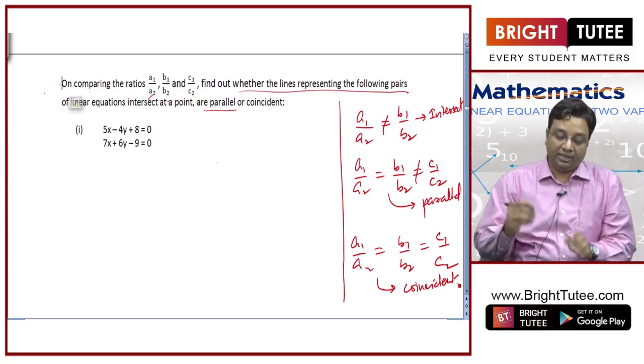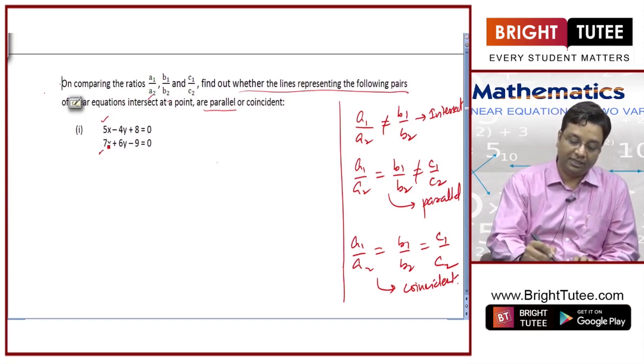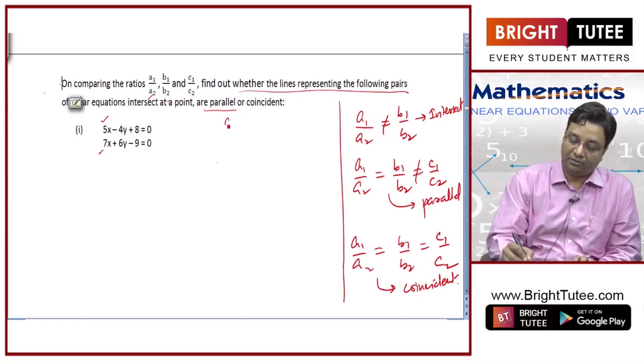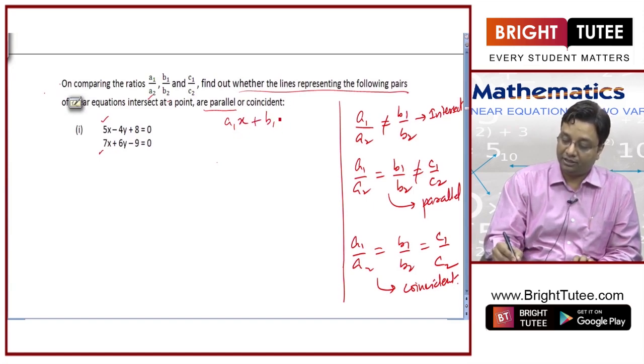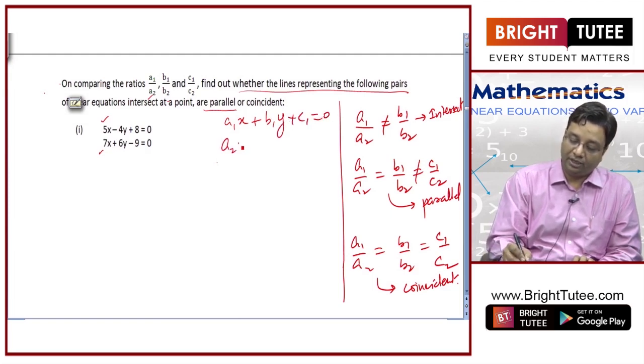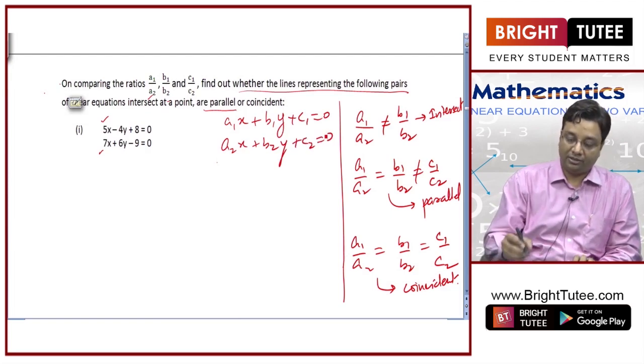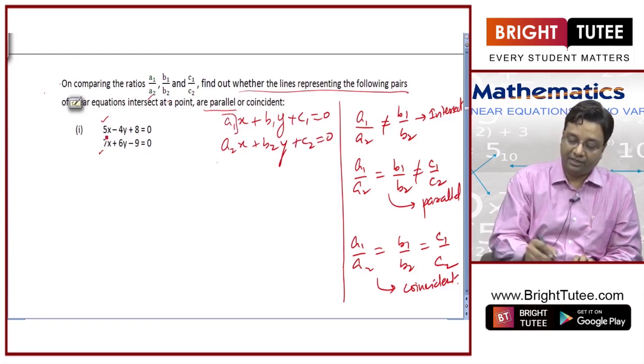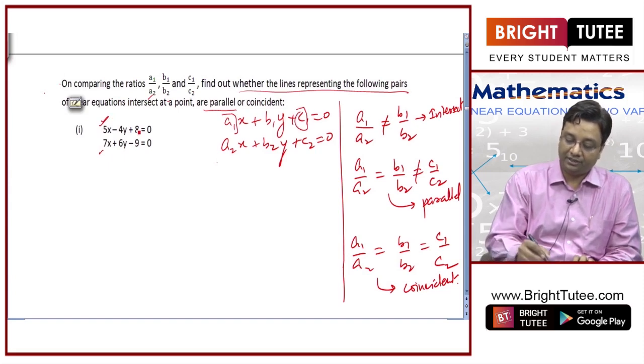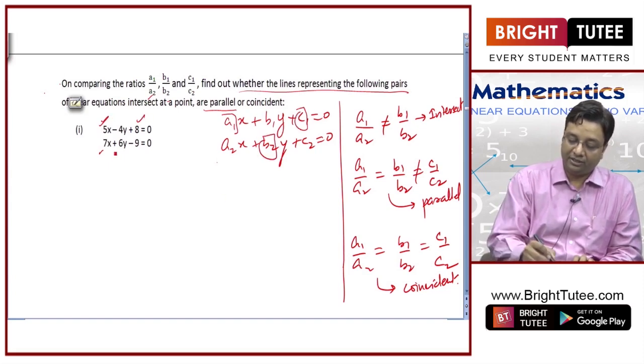Okay. Now look at these lines. This is a1, this is a2. These equations are to be compared with these general equations: a1x + b1y + c1 = 0, a2x + b2y + c2 = 0. So when you compare, a1 is 5, c1 is 8, b2 is 6.